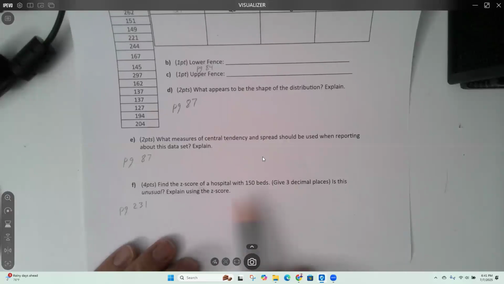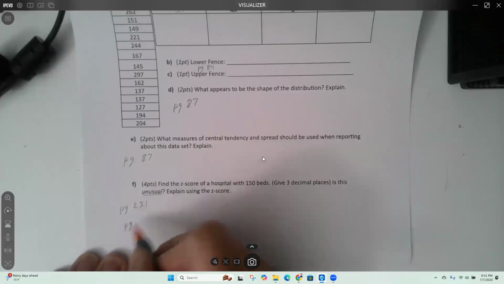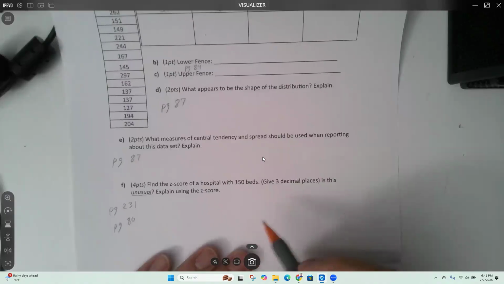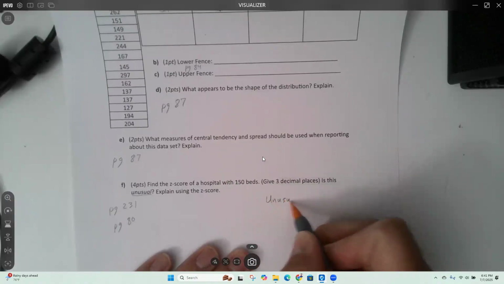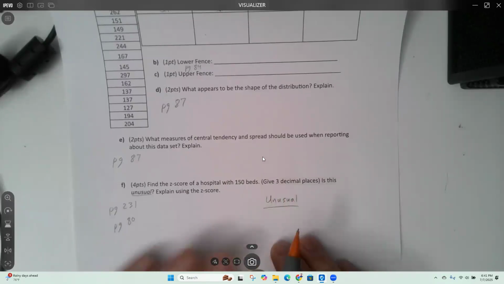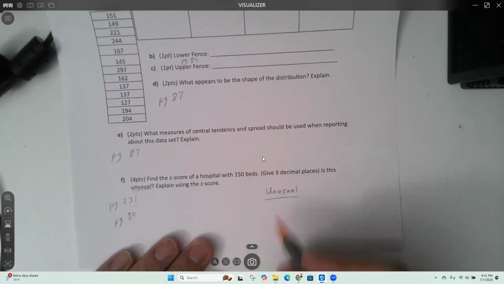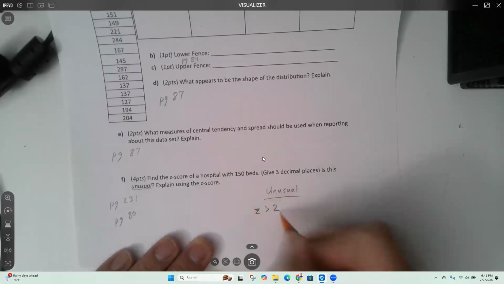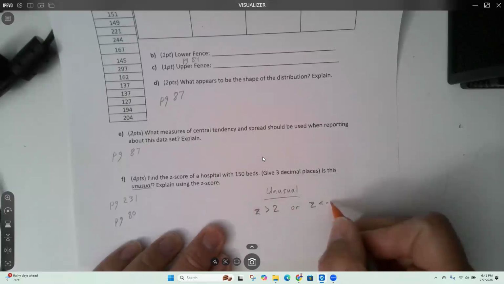So when we ask, is it unusual? That's on page 80. A lot of people were struggling with how to talk about whether something was unusual. We need to keep track of whether the numbers that we have are a z-score or a probability. If it's a z-score, then you can say it's unusual if z is bigger than 2 or if z is less than -2.